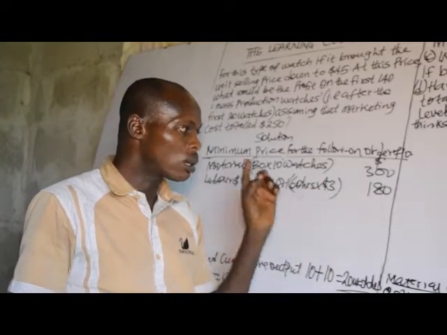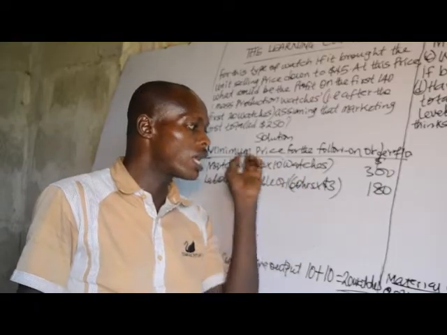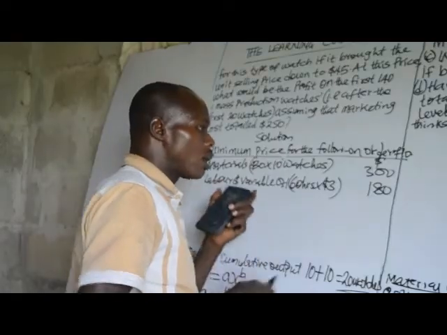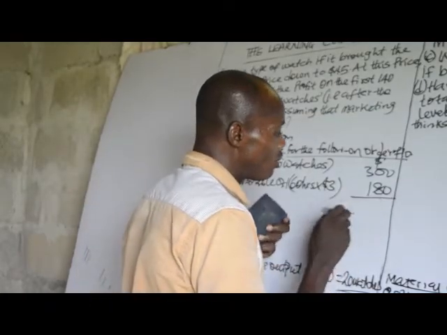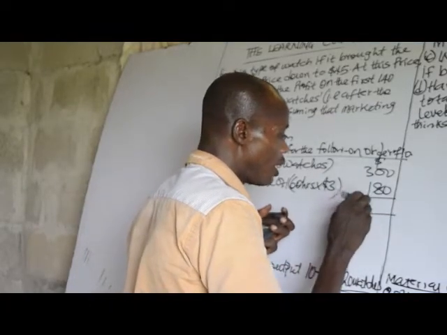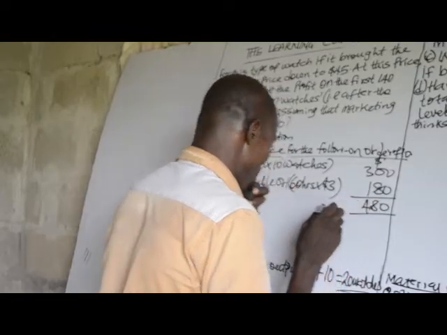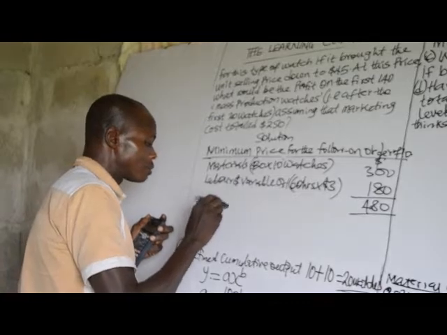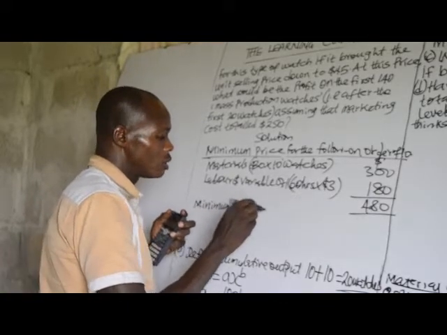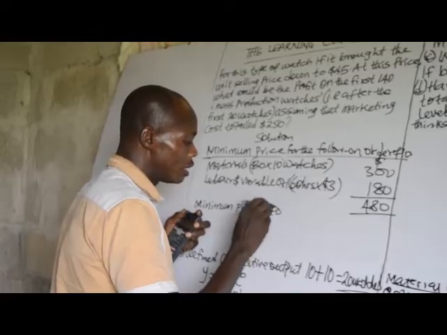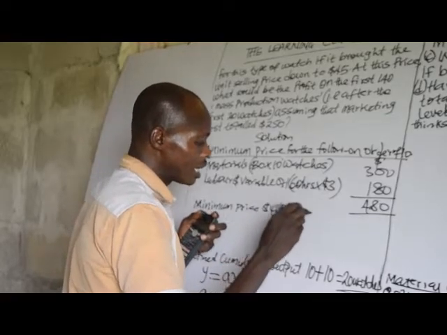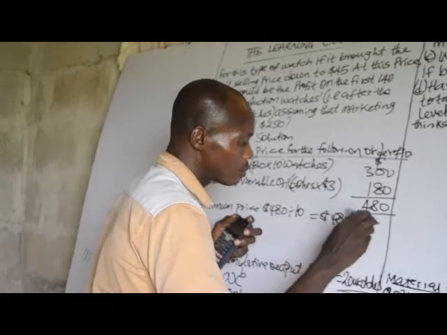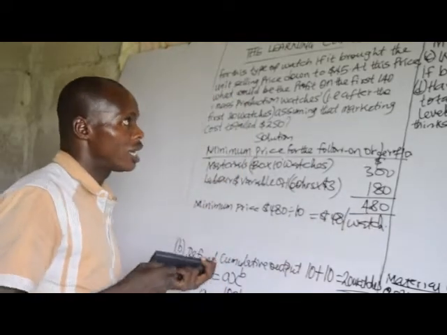So there will be no setup cost on the following order. So we have the relevant cost to be $480. So the minimum price per wash will be $480 divided by 10. That gives us $48 per wash. So that is the answer to B.